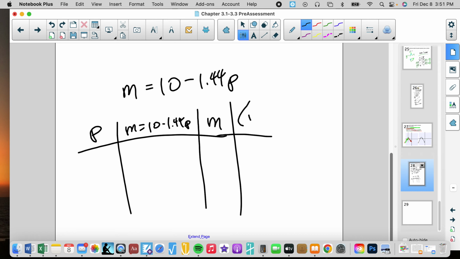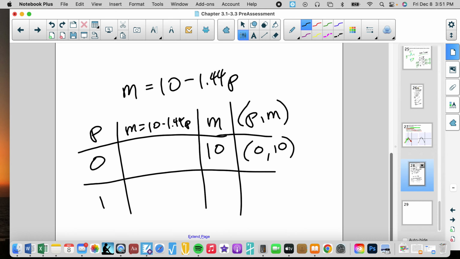So I'm going to have p comma m, photos, money left over. So when I buy 0 photos, I'm going to have $10 left because I haven't spent any money. If I buy 1 photo, I'm going to have 10 minus 1.44, which is going to be 8.56.